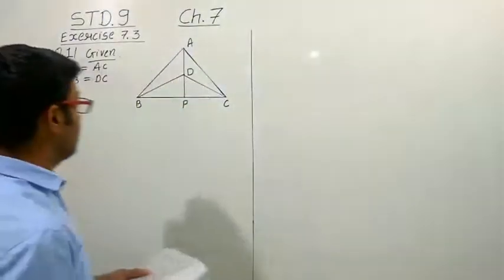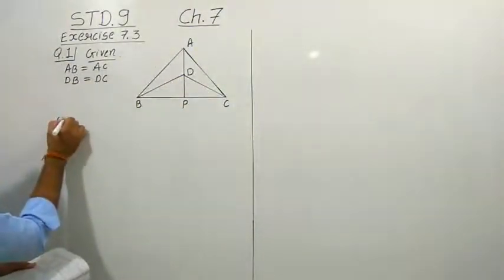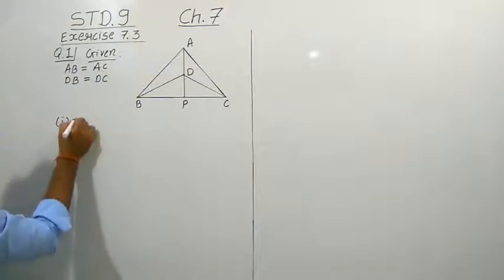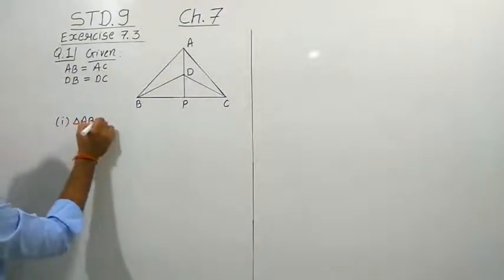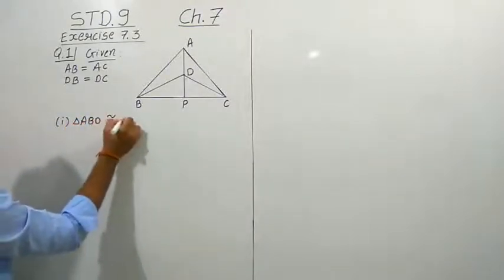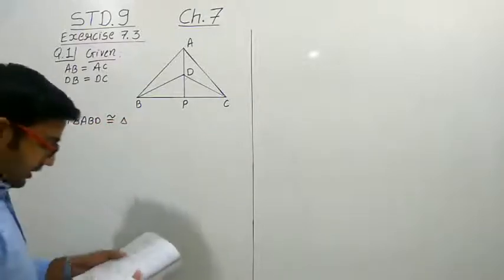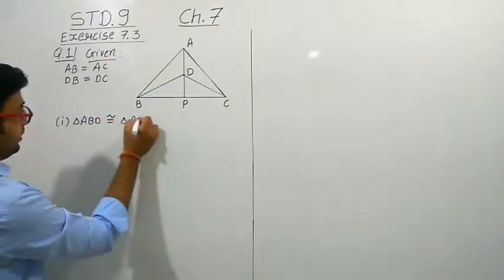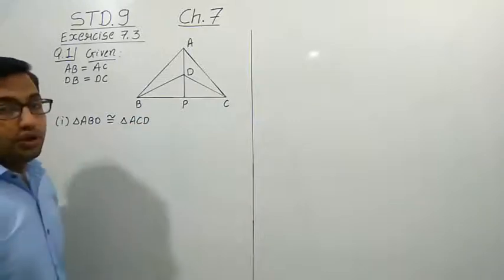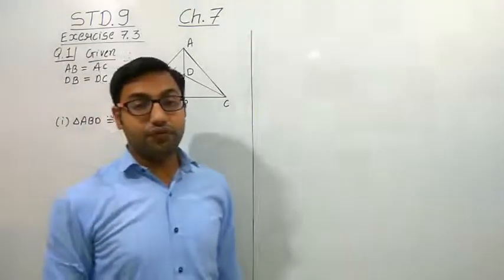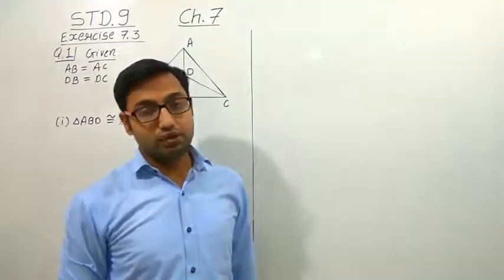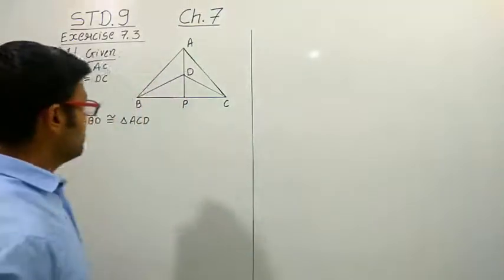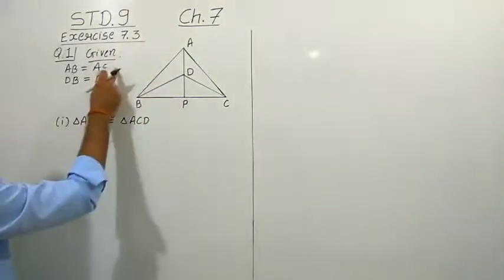Now the first thing that we have to prove is that triangle ABD is congruent to triangle ACD. Okay, so now we have a total of 5 criteria to prove two triangles congruent. So let us take the given conditions.